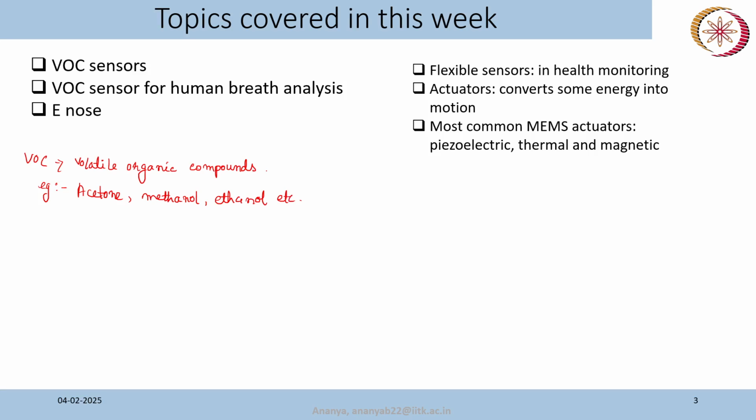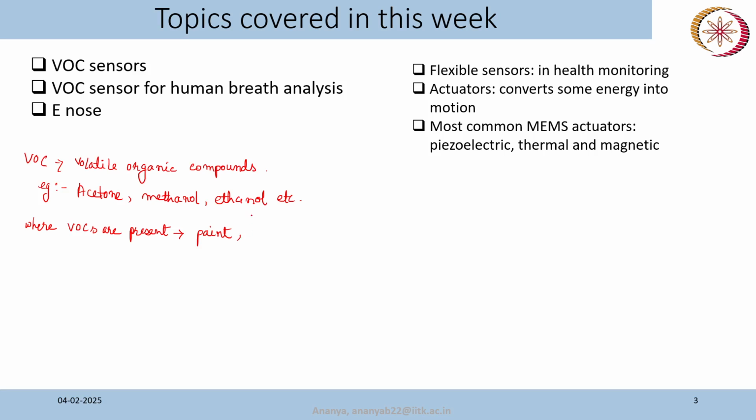Now why do we want to sense VOCs? First of all, where can we find these volatile organic compounds? In paint, this is one example that was given in the class, so I'm also giving it.